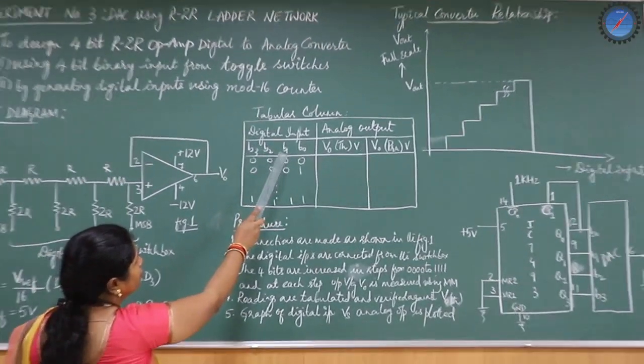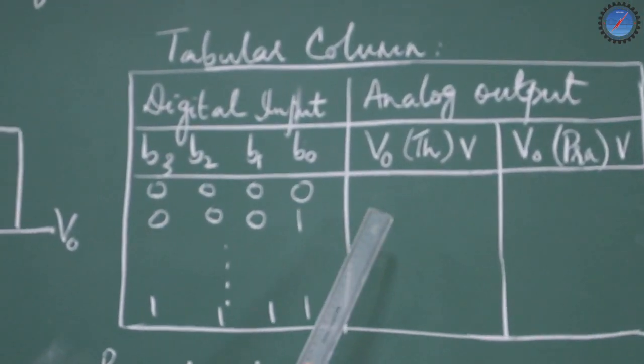In the tabular column we have the digital input and also the analog output.